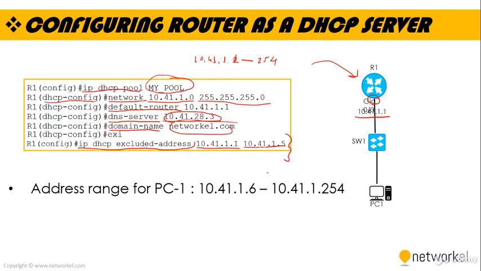That means the address range for PC1 will be starting from 6, because 1 is our default gateway and won't be used, and I've also excluded this range, which includes my default gateway too. Because of this, the address range that PC1 can use will be this range.